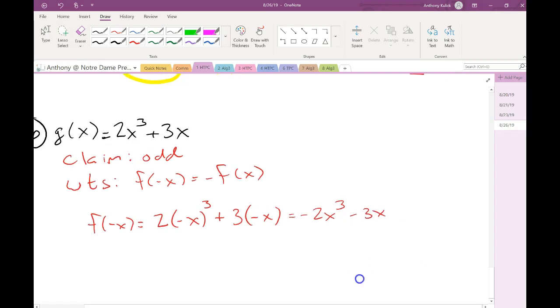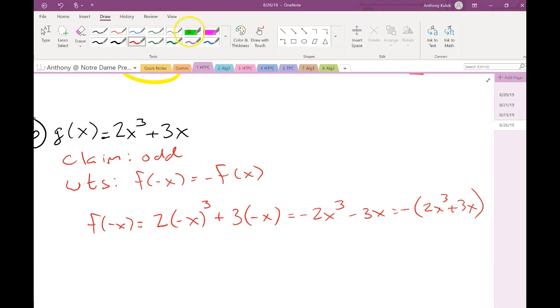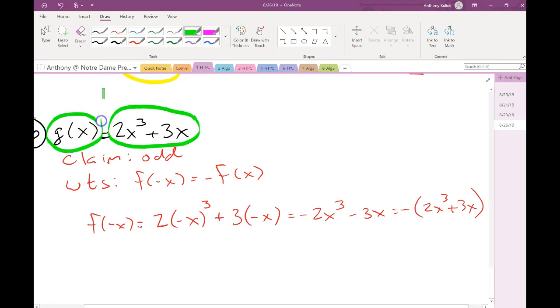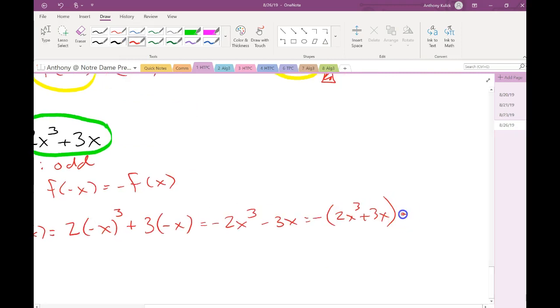Okay. I notice now that if I take a negative out, I have 2x cubed plus 3x. What is 2x cubed plus 3x? That's g of x. So I have negative g of x.